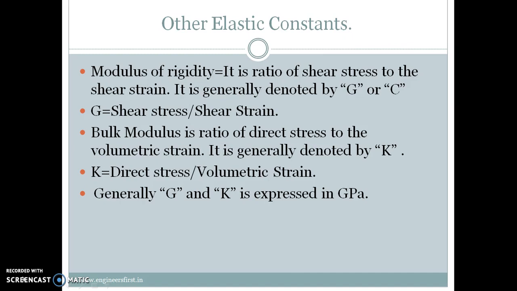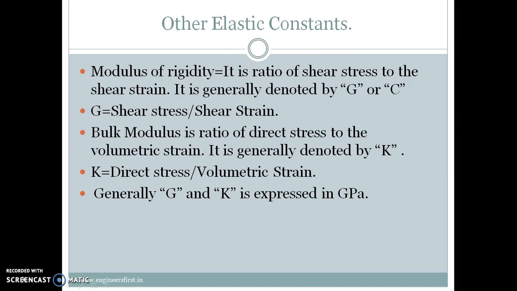So if I take the ratio of these two terms, shear stress and shear strain, I can call it the modulus of rigidity, and it is generally denoted by letter capital G or capital C. Most of the cases it is denoted by capital G, but in many cases, if you refer to some references, you will find some authors denote it with a capital C. So modulus of rigidity is the ratio of shear stress to the shear strain.